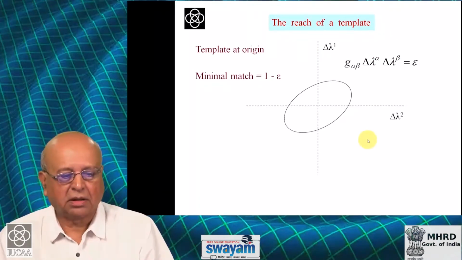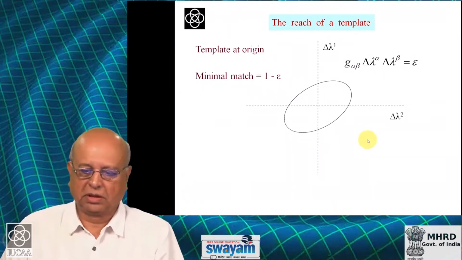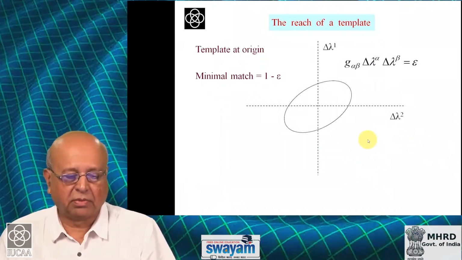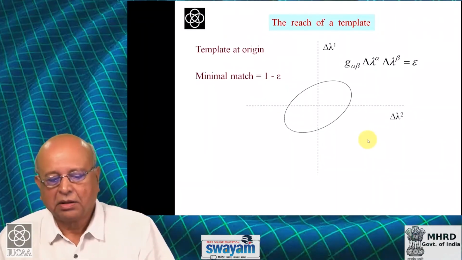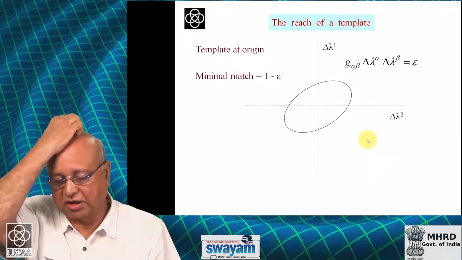If you take a template at the origin where delta lambda 1 and delta lambda 2 are 0, and take the maximum mismatch to be epsilon, or the minimal match to be 1 minus epsilon, then the template can reach in an elliptical region.